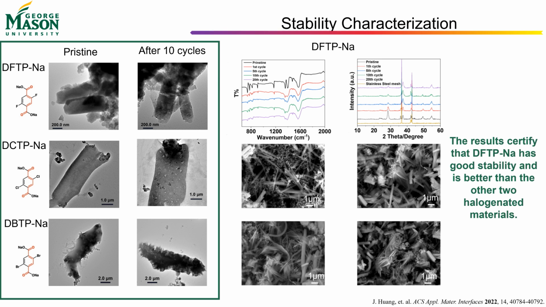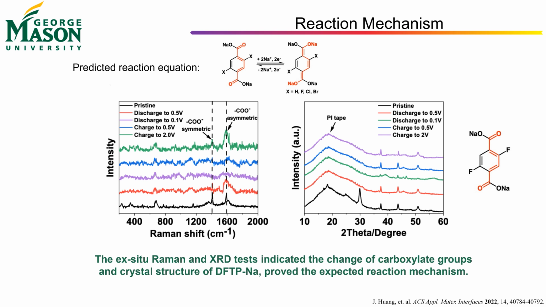From the TEM test, we found after 10 cycles, the morphology change of DFTP sodium is smallest compared with the other 2 compounds. And from XC2 FTIR and XRD, we found that the functional groups and the crystal structure of DFTP sodium have no change after 20 cycles.